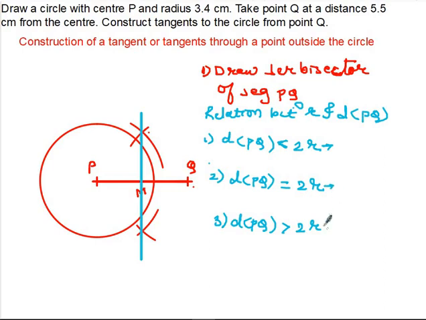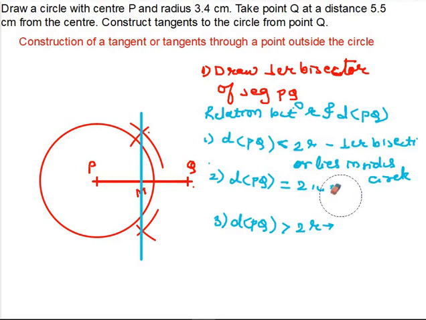I will write the observations here. What is the observation? The perpendicular bisector lies inside the circle.